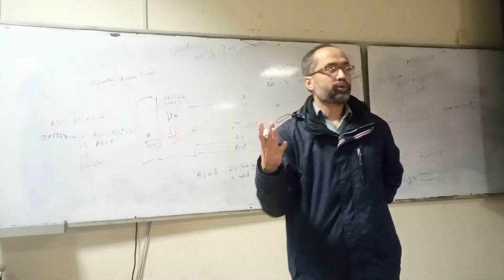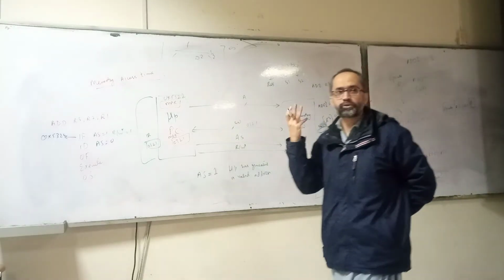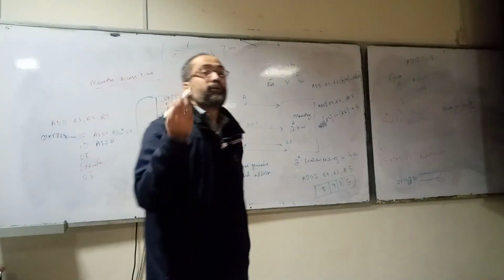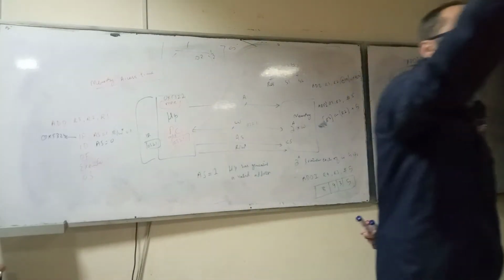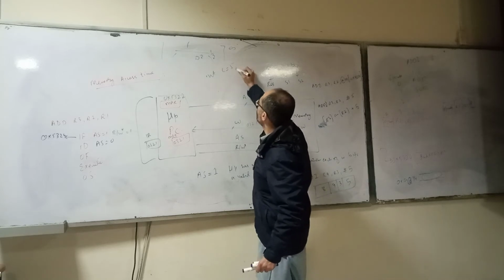And when is immediate addressing mode used? If you have C++ language, when should immediate addressing mode be used? Loops, like i equals i plus plus? No. Just think of the scenario. Yes, if you want to initialize some constant value, like int c is equal to 5.